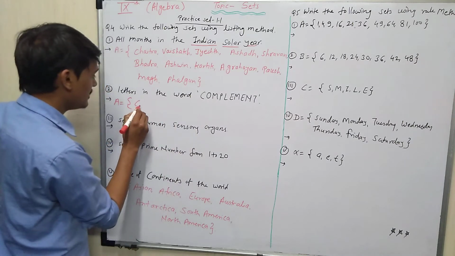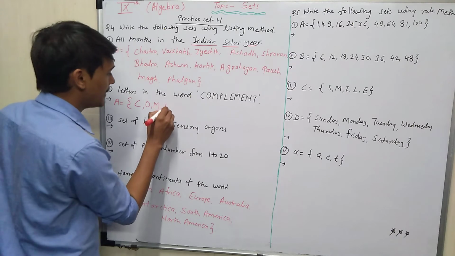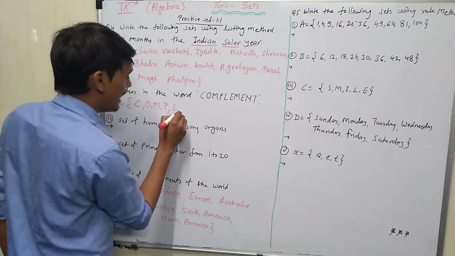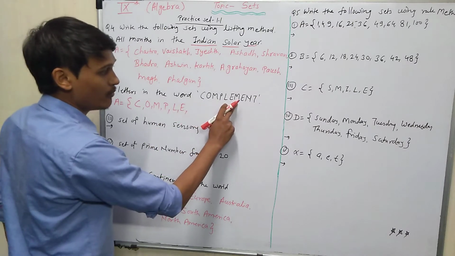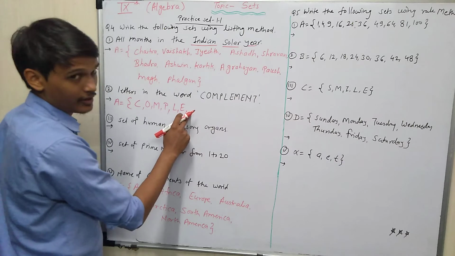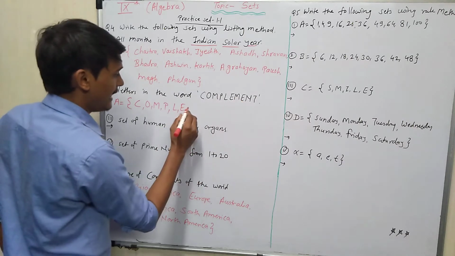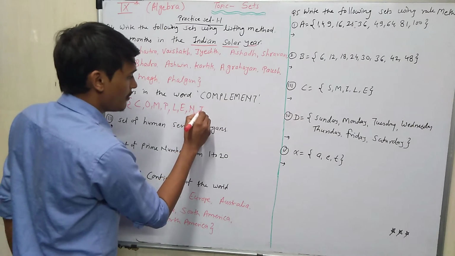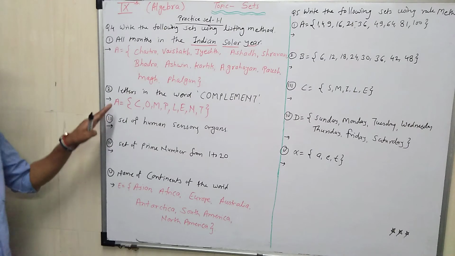There is C, O, N, P, L, E, and M repeated, so not written here. Then next E is also repeated. Then next is N, last is T, and the bracket will be closed. This is your answer.